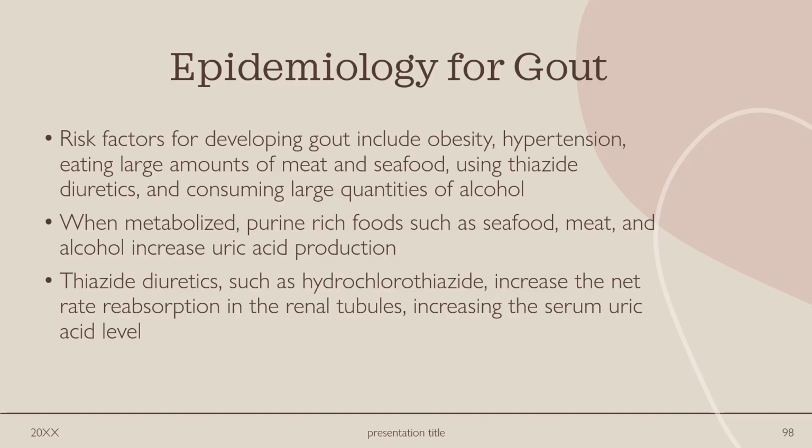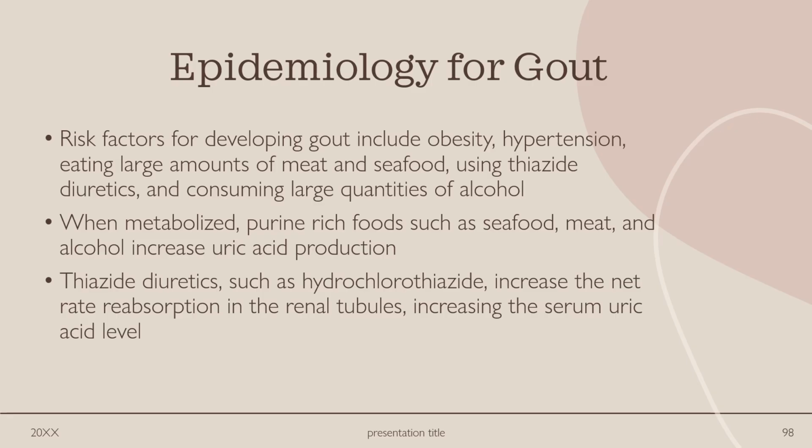And then moving on to gout. The epidemiology for gout. Risk factors for developing gout include obesity, hypertension, eating large amounts of meat and seafood, using thiazide diuretics, and then consuming large quantities of alcohol.